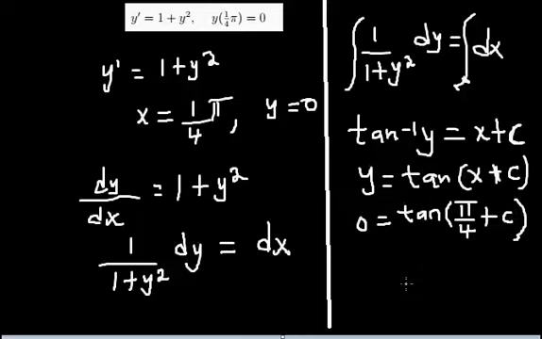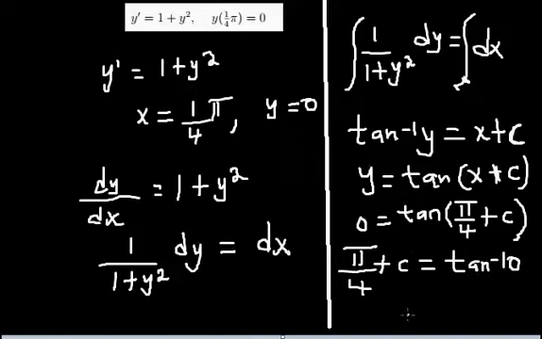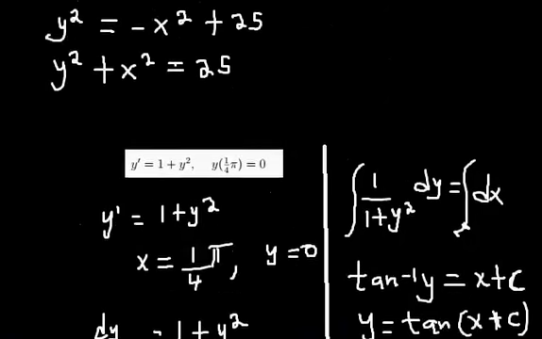So invariably now pi all over 4 plus c is going to be the tan inverse of 0. So let's just get the tan inverse. Use calculator, get the tan inverse of 0, make c the subject, and of course you put it back in that equation and it's good to go.